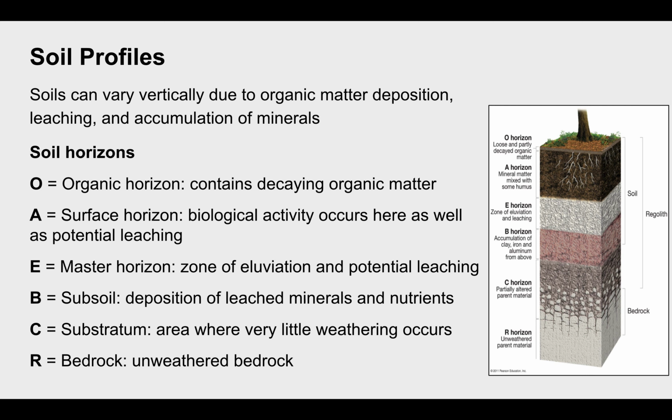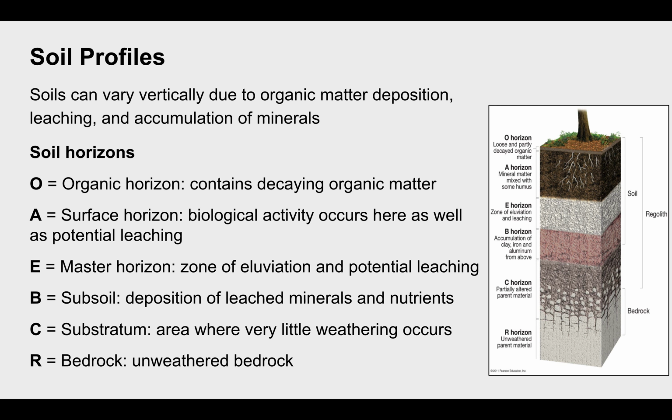This is that bedrock, right, those rocks, those hard substances that have not yet been eroded, right? And then we have everything in between depending on if there's organic matter, if there's accumulation of different minerals. The C horizon is kind of that zone between bedrock and soil becoming soil, right?